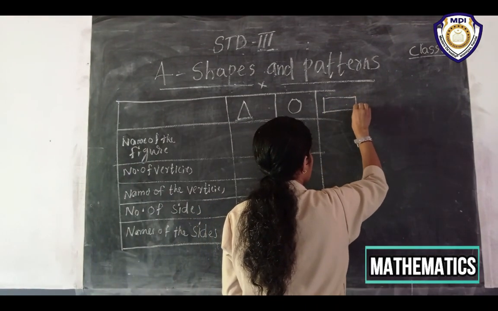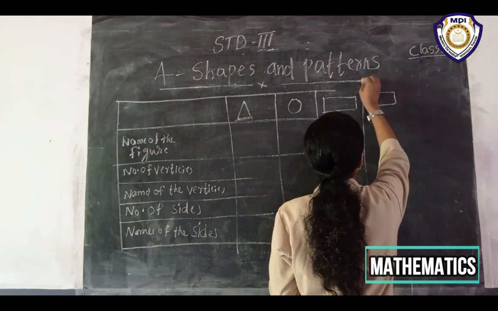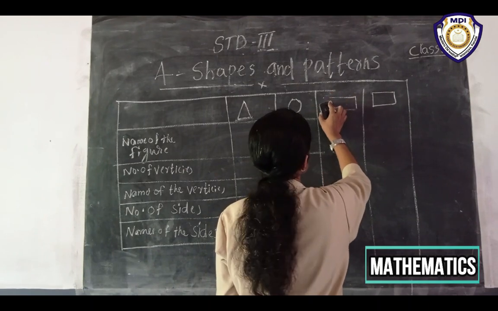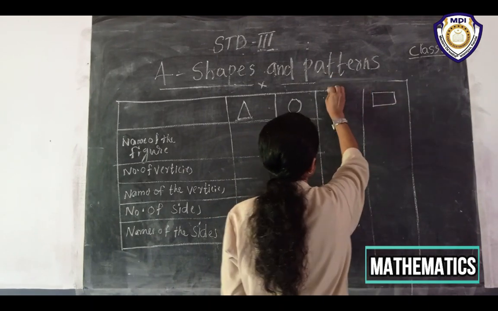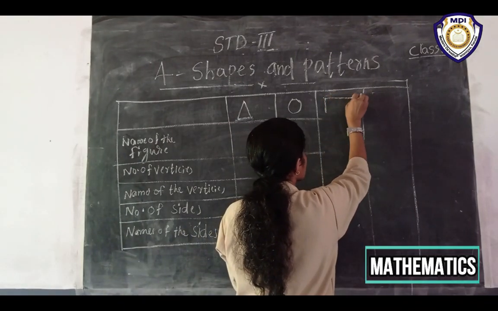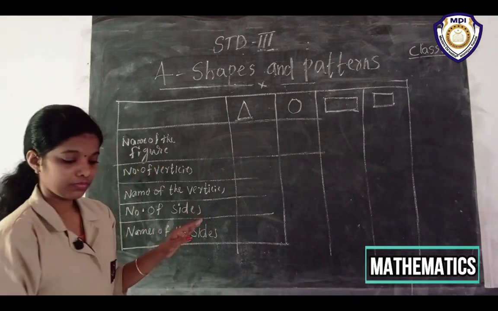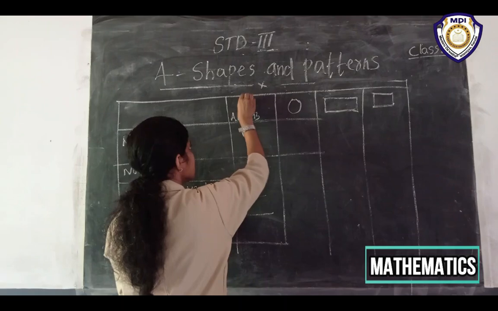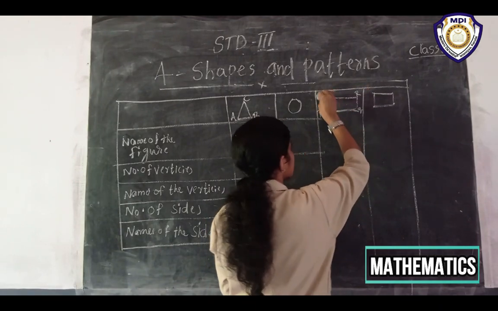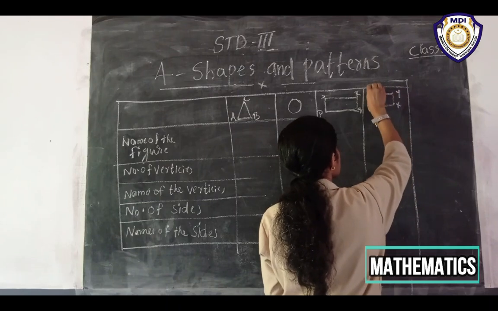Then our next shape is this. A, B, C. P, Q, R, S. And W, X, Y, Z.